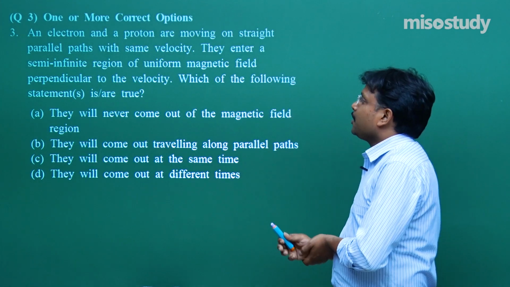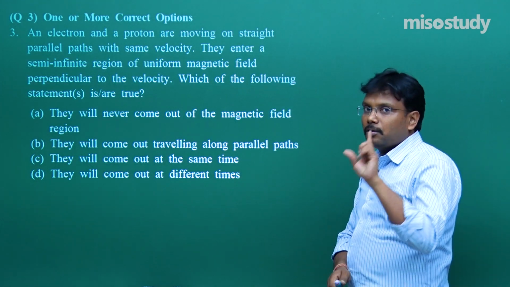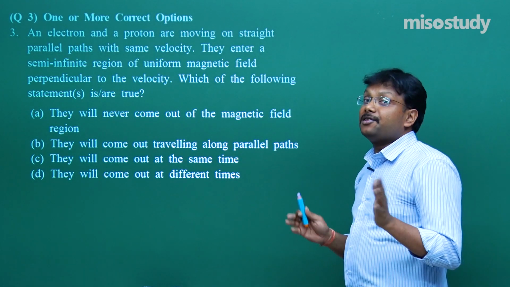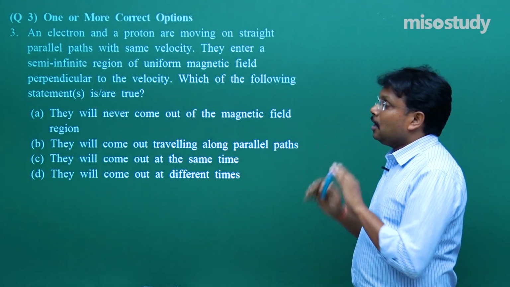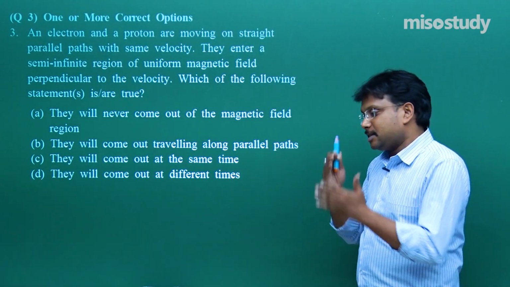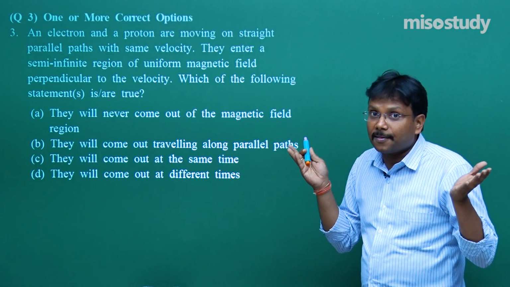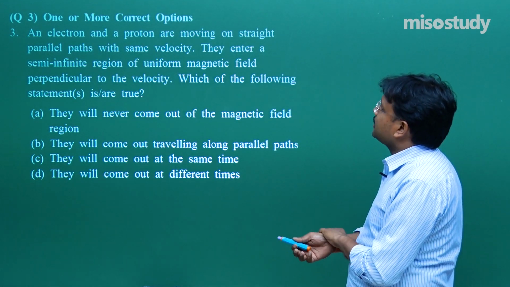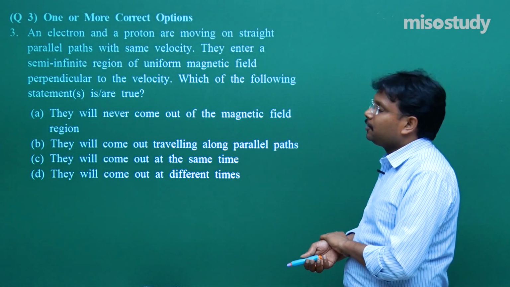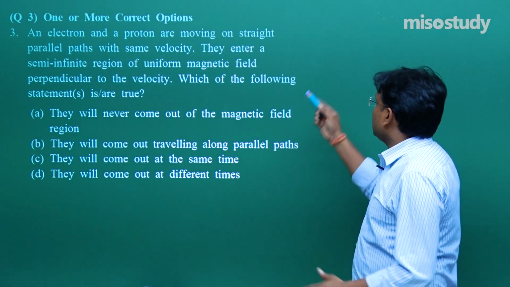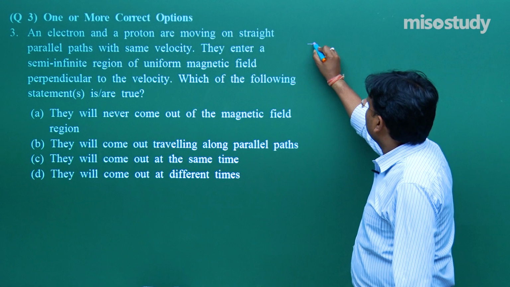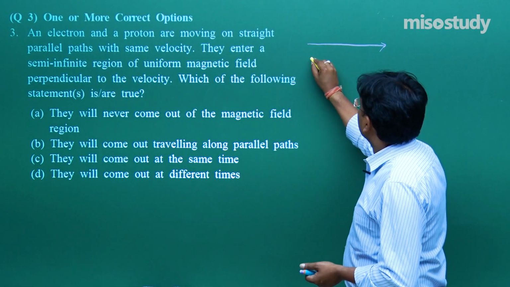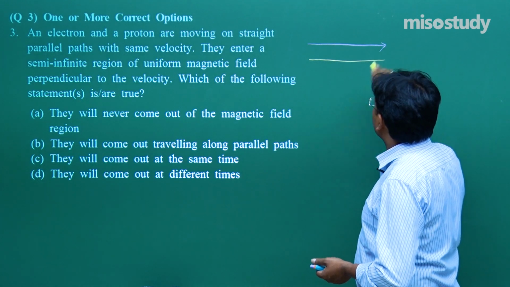So, let us start. Electron and proton: equal charges, opposite in sign, mass difference is large, fine. Whenever you are reading the problem, start arguing in your mind like this. An electron and a proton are moving on straight parallel paths with the same velocity. Straight parallel paths like this line, and next is the yellow line.